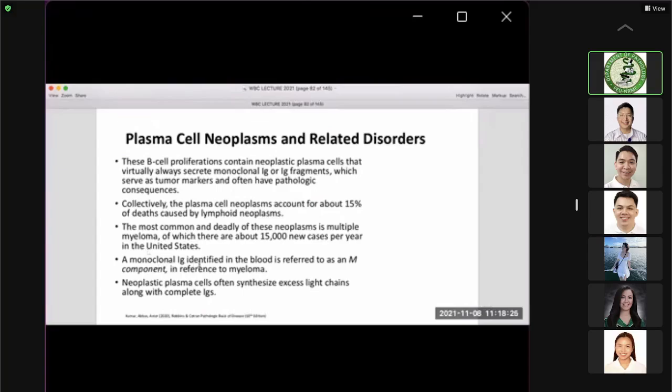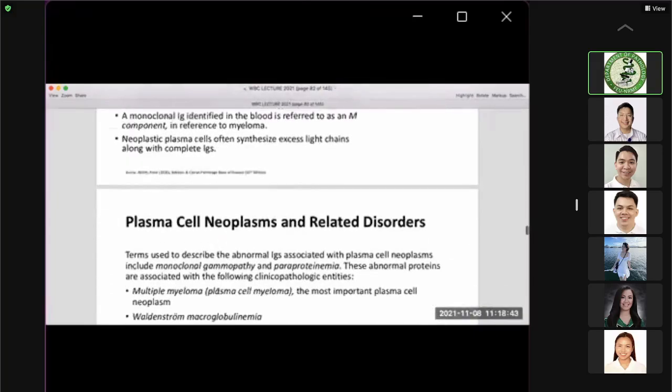So a monoclonal Ig identified in the blood is referred to as an M component, in reference to myeloma. And the neoplastic plasma cells synthesize excess light chains along with complete immunoglobulins. Okay.